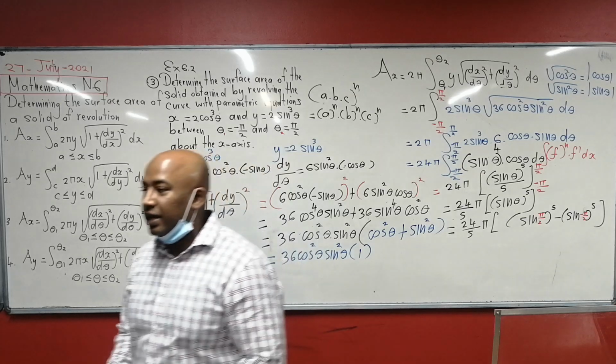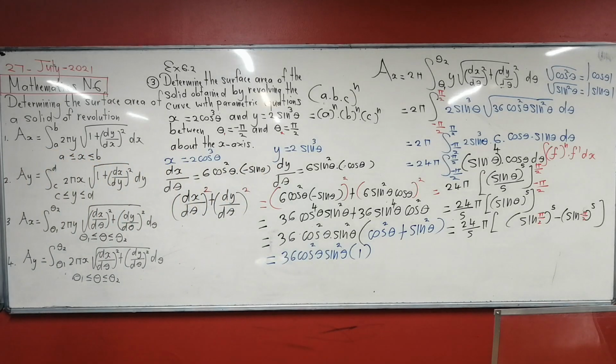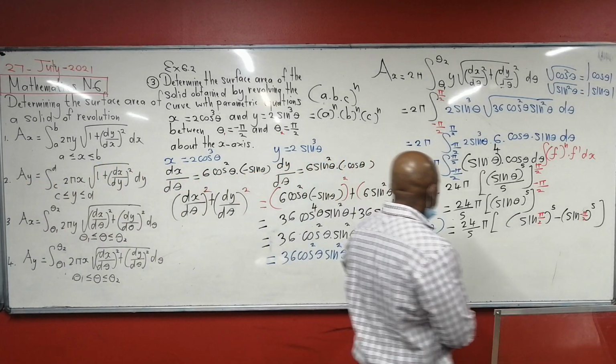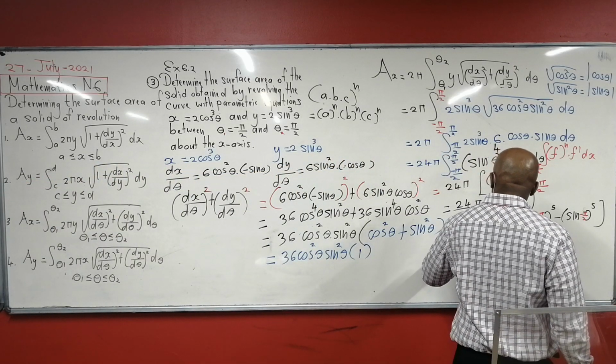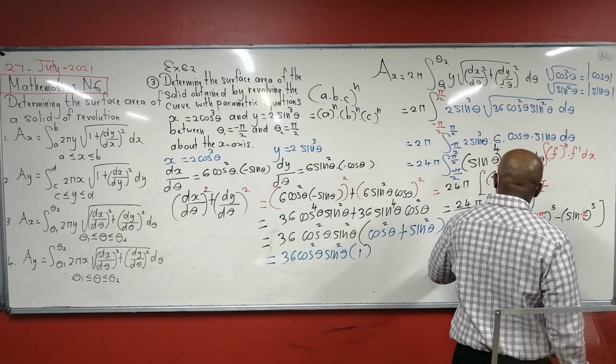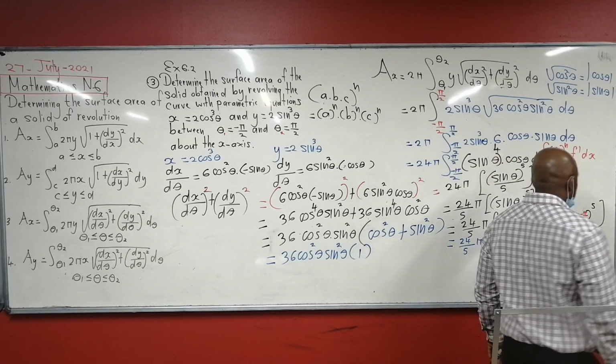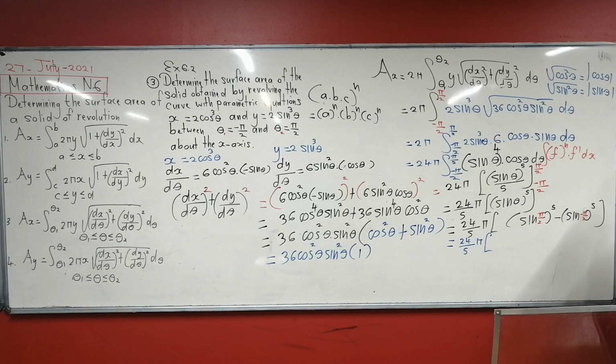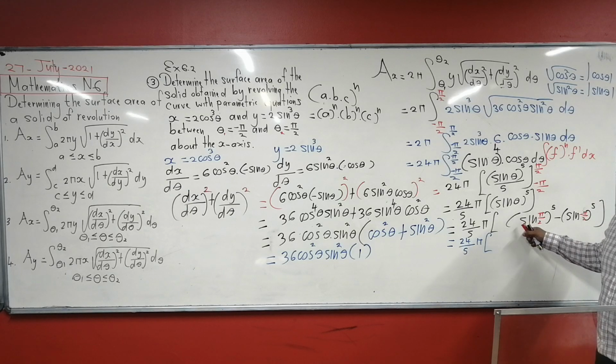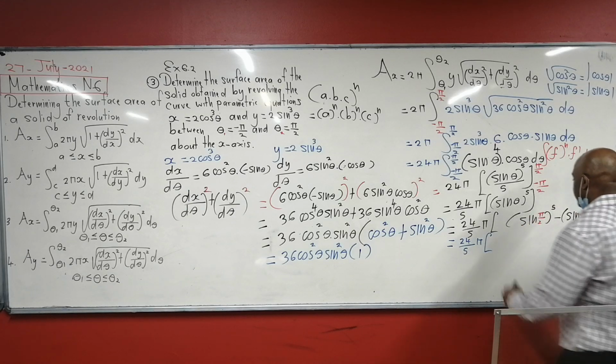Calculator in radians here. Be careful. Calculator in radians. So now that's 24 over 5 pi. And now, if I'm using radians here, I know this is going to be 1 to the power 5, which is 1.